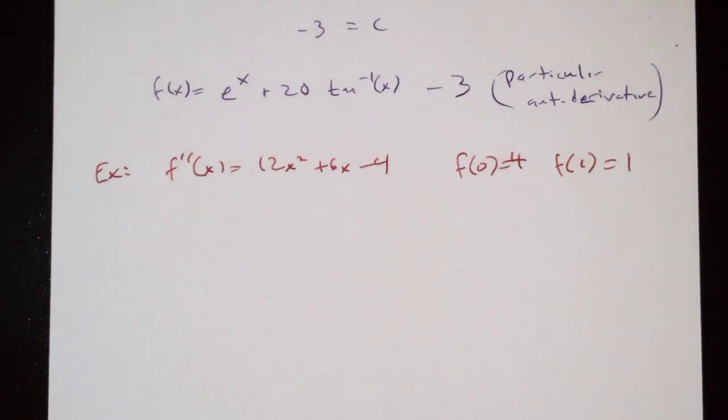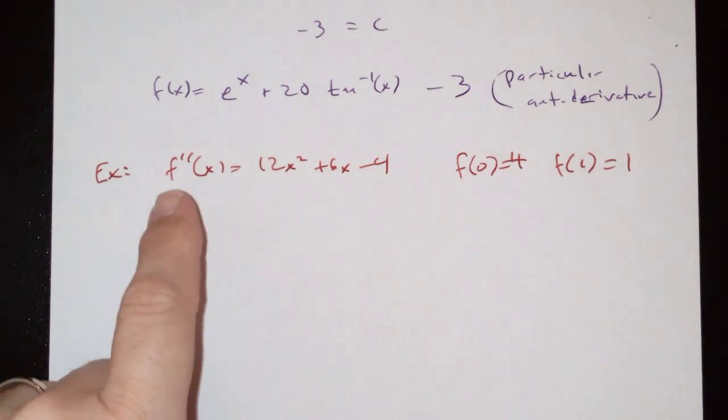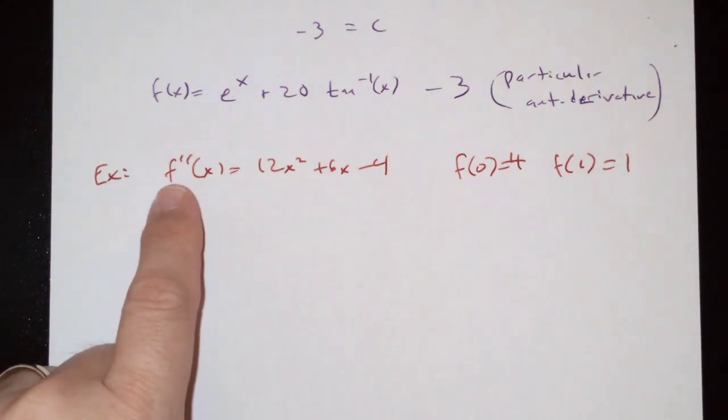And so again, I want to do the same thing. I want to find the original function f of x that we got in this problem. So I take an antiderivative. But if I'm starting at f double prime, when I take the antiderivative, what function do I get? This is the second derivative of f.